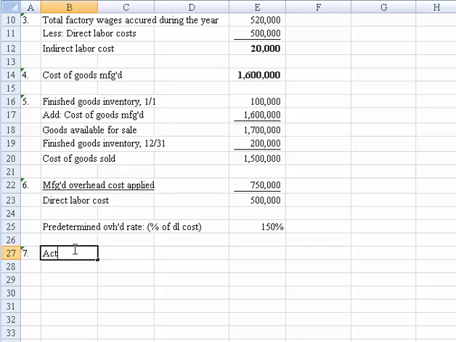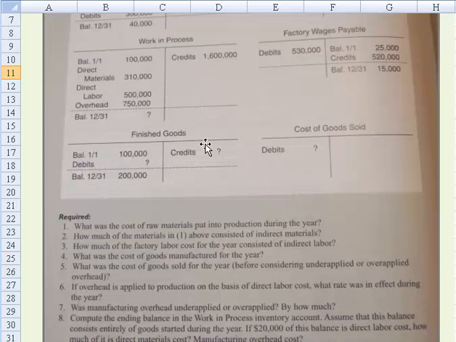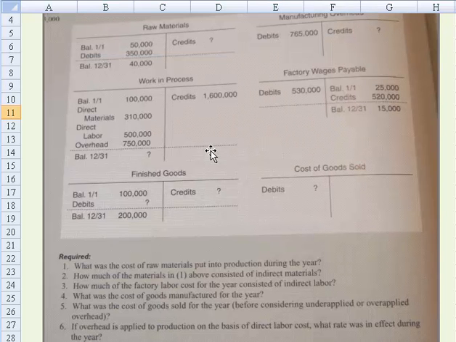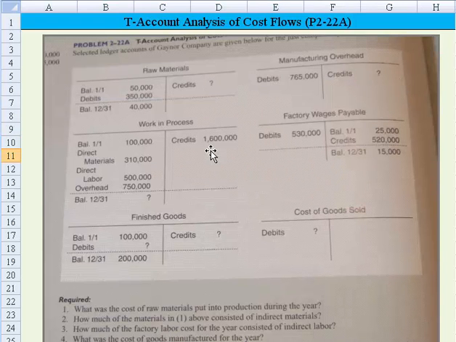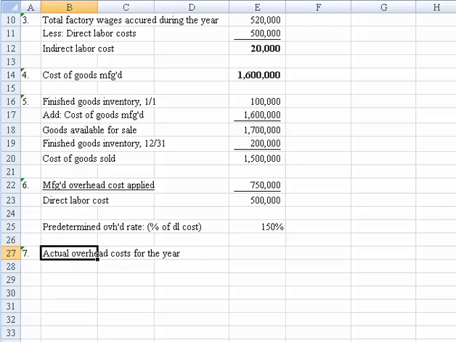All right, so the actual overhead incurred, or actual overhead cost for the year, we look for debits to our overhead account. And we've got 765 right above my mouse there. So we jot that in.